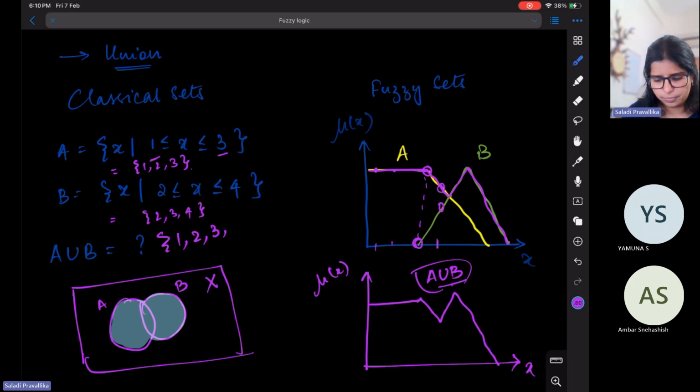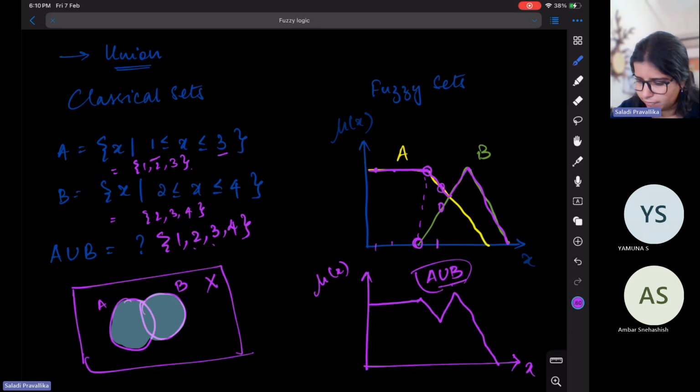Now let's go to B. We have 2, 3, and 4. So 2, 3 are already here, so let's just write 4. Okay, so this is the union when we are dealing with classical sets.